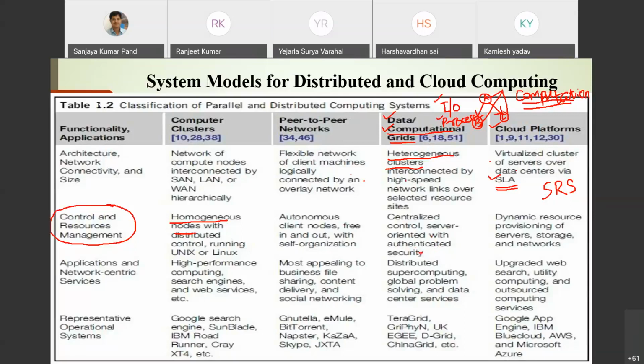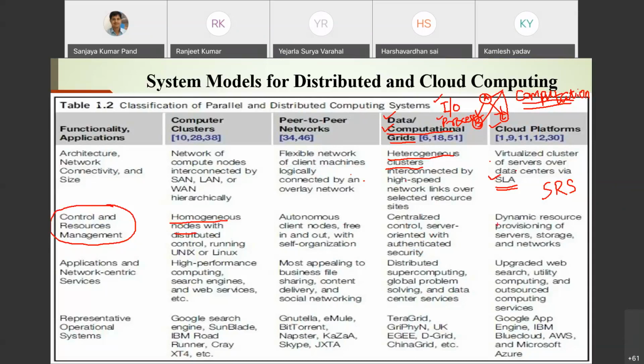Security is stronger in a grid, but the security feature is weak in the case of a cluster, because if the cluster manager is compromised, then the entire network may be compromised. In a P2P network, the security is enforced on each and every individual node, so it will take time to compromise the entire system.